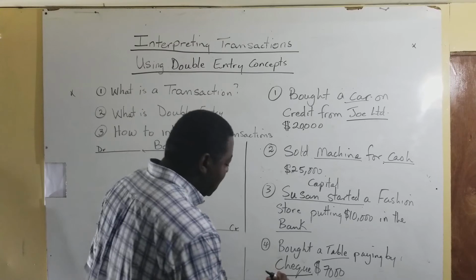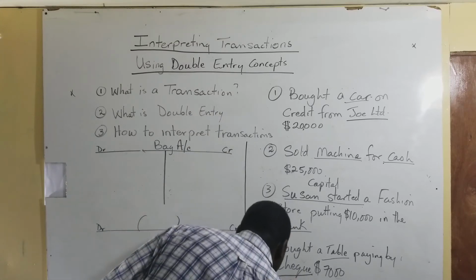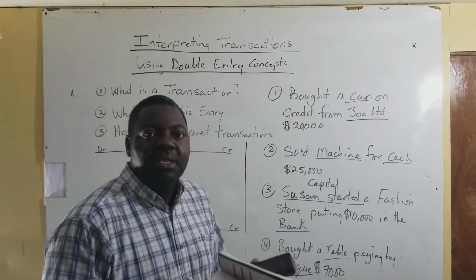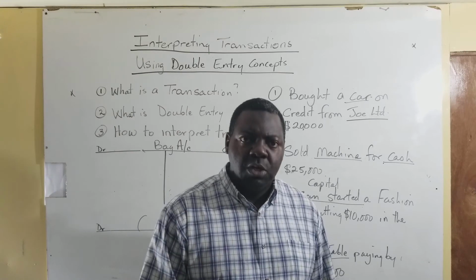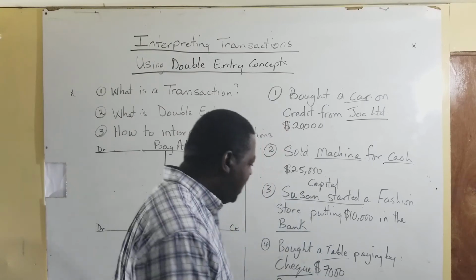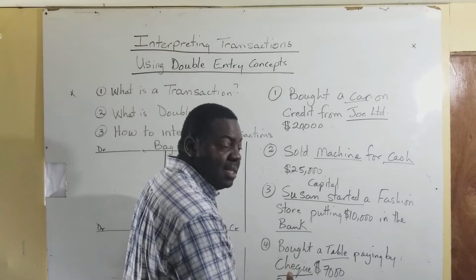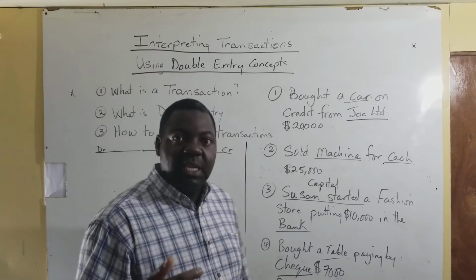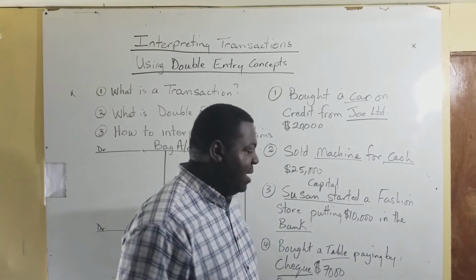But once the word check is used here, it represents the bank, because a check is really drawn from a bank account. Therefore, once a transaction carries this word check, it must be the bank account.